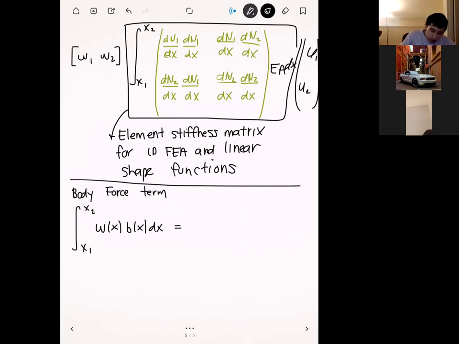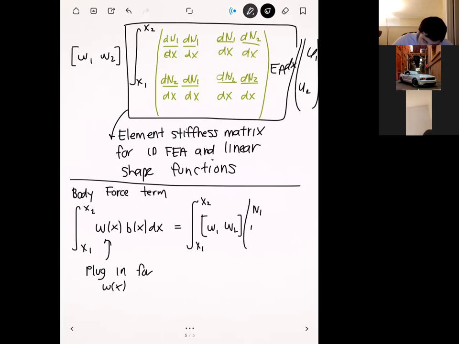Plug in for w of x, and what we get is the integral from x1 to x2 of w1, w2 times N1, N2. These are just the regular shape functions, because this is just w of x, not dw dx. Times b of x dx.